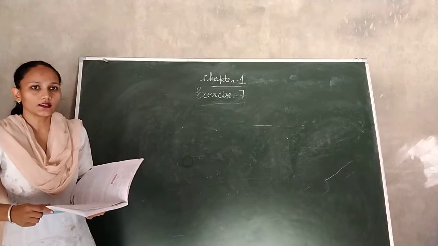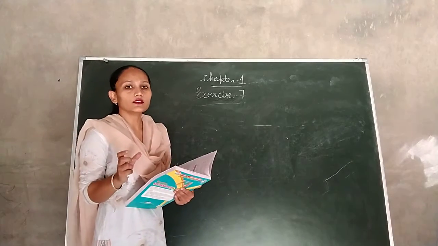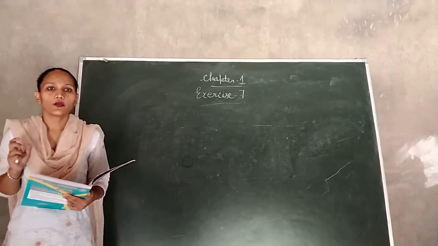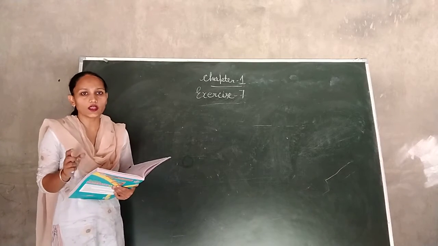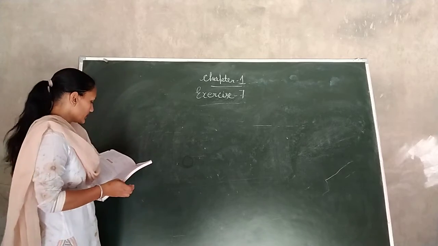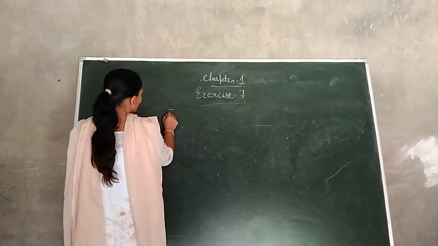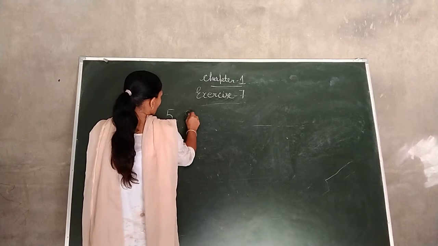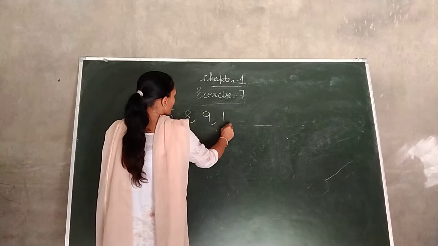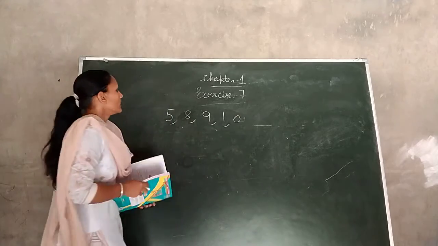We have discussed the case when 0 is not included. But when we have 0 in the digits, how do we make the smallest and greatest number? Suppose we have the digits 5, 8, 9, 1, 0.